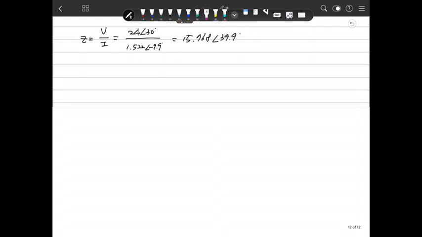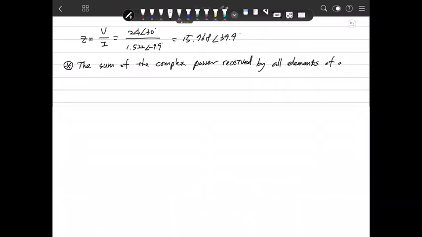So you can summarize that the sum of the complex power received by all elements over the circuit is always 0.